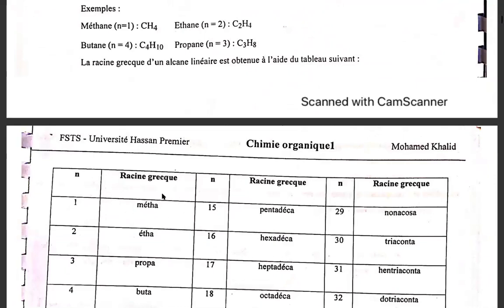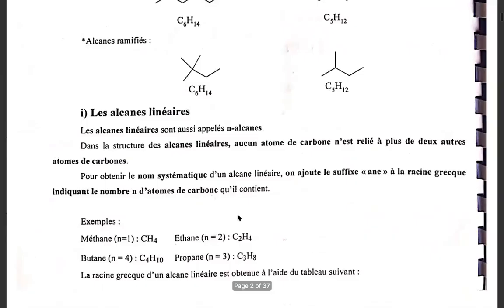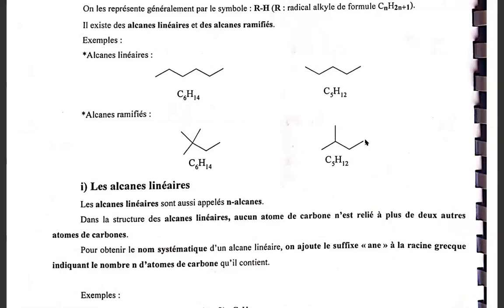Normally, the name of the chain principale for one carbon atom is called methane. But because it appears to be an alkyl group in this case, it now becomes methyl instead of methane.